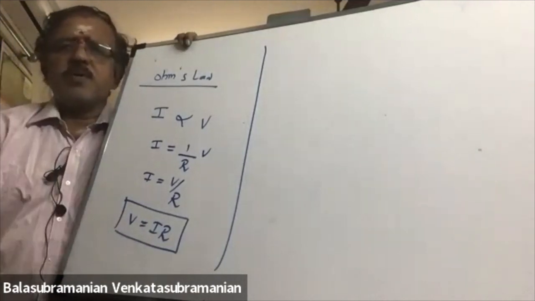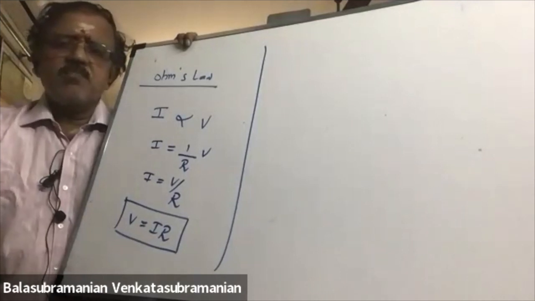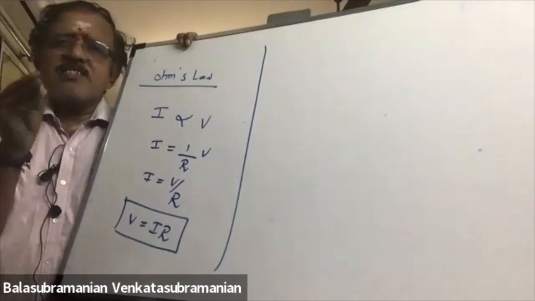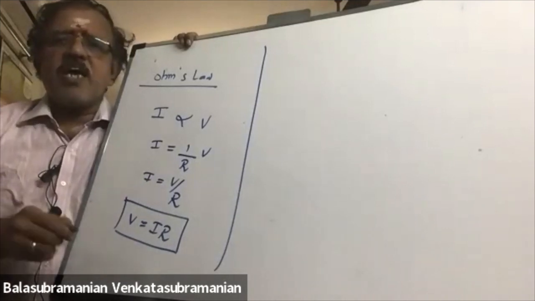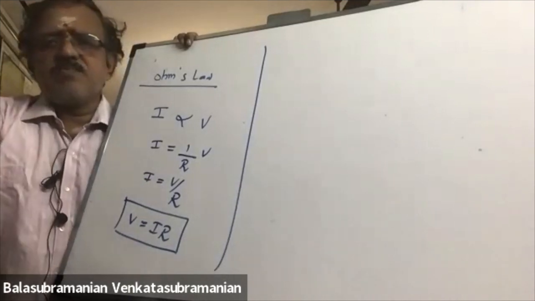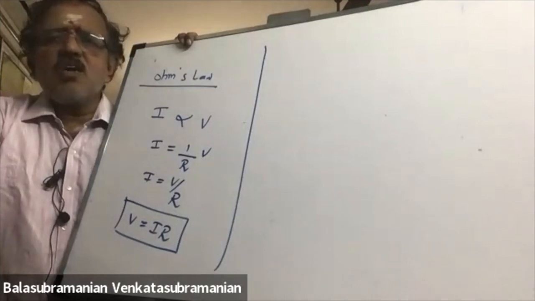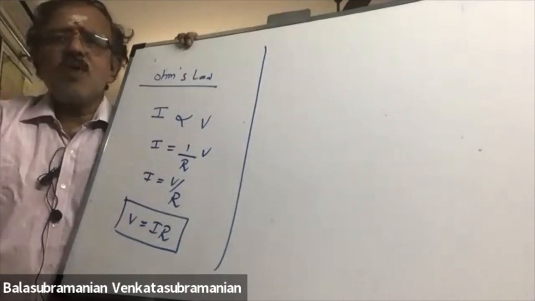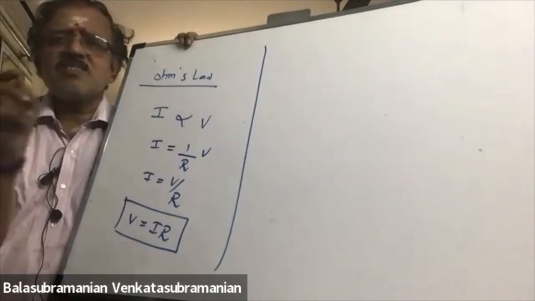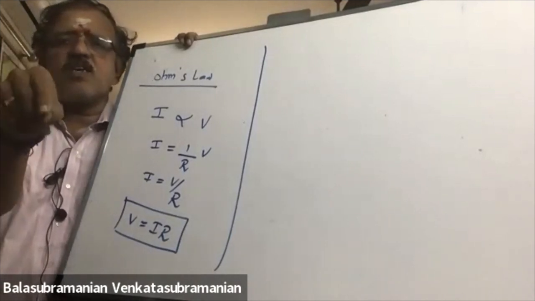Water is flowing through the pipe. Some rust formation is there inside. Years together, when you use the same iron pipe, there is some rust. That rust is not allowing the free flow of water. That is called water resistance.